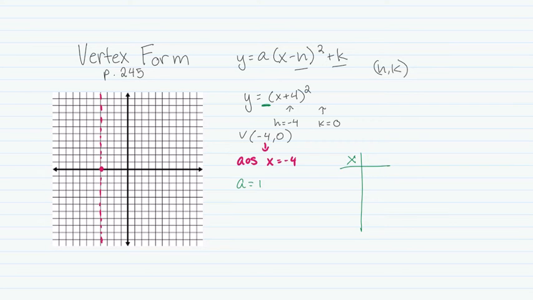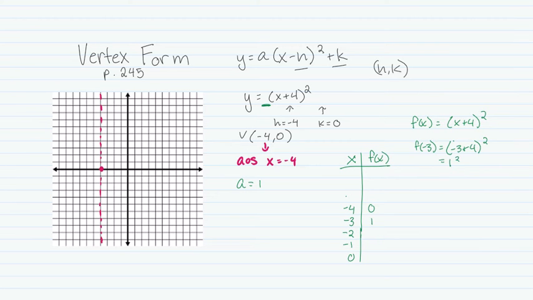Instead of writing y, I'll write f of x, and I'm going to write my function, f of x equals (x plus 4) squared, and I'm going to start plugging in some numbers. Negative 4 should be in the middle of my graph, so I probably want to do negative 3, negative 2, negative 1, 0, and then I'll reflect it. Negative 4 is 0. If I plug in negative 3, f of negative 3, I have (negative 3 plus 4) squared, which turns into a positive 1 squared.